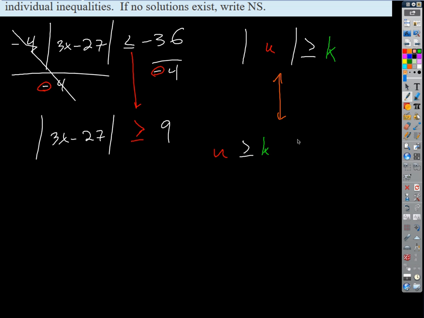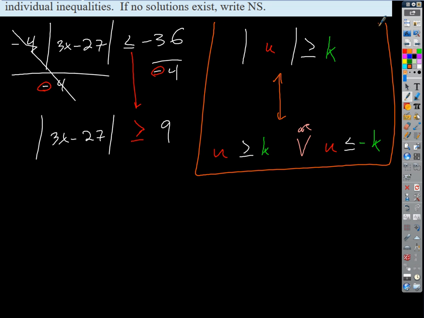Or u is going to be less than or equal to negative k. So there's our trade in this situation. If I've got an absolute value of something greater than or equal to a number, then I'm going to make a trade for an or compound inequality.